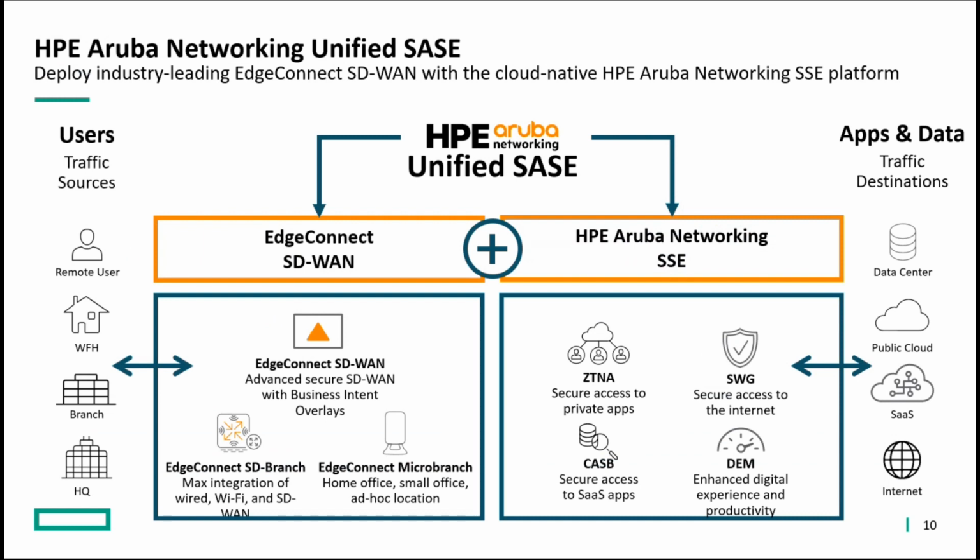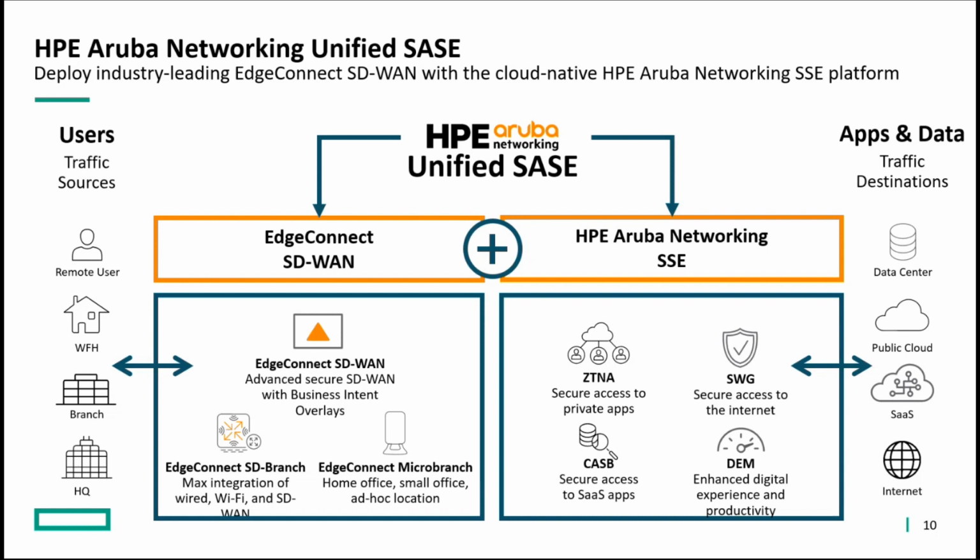Now, when we look at this, we look at the unified SASE through Aruba. So the unified SASE is an approach where we're marrying two technologies that Aruba owns together: the EdgeConnect SD-WAN from the Silver Peak acquisition, where we have different things like SD-WAN gateways, or even technologies that we're rolling into it, like the micro branch from our Instant APs, our WRAPs, that we're wrapping into the whole EdgeConnect architecture.